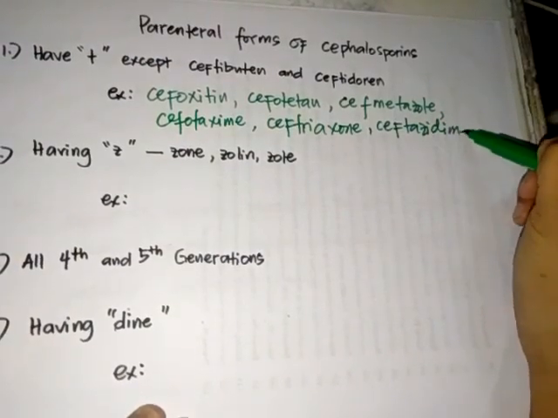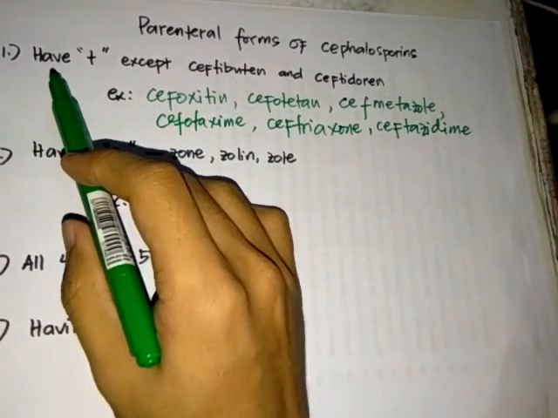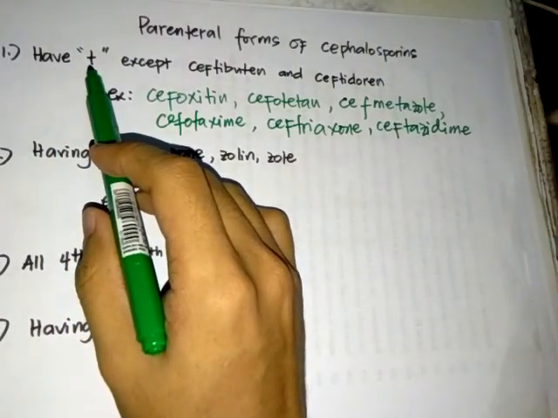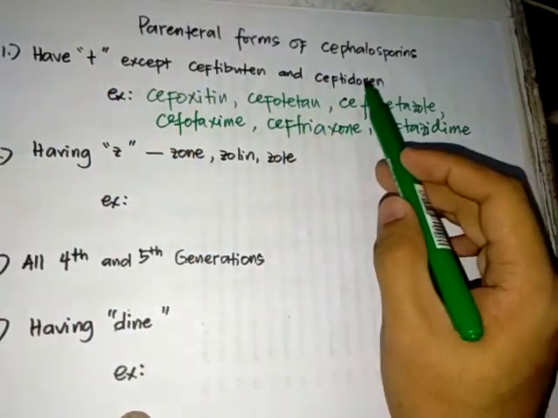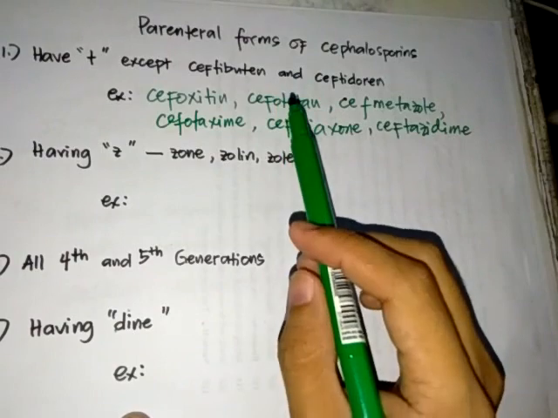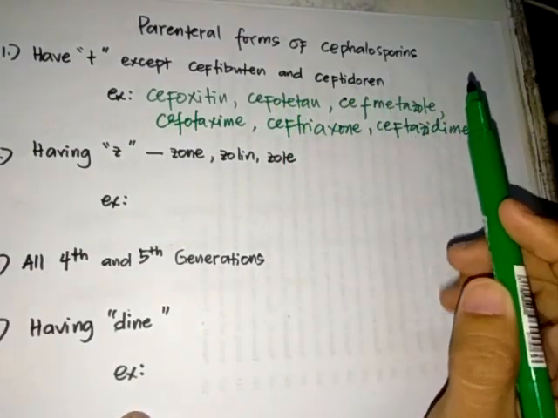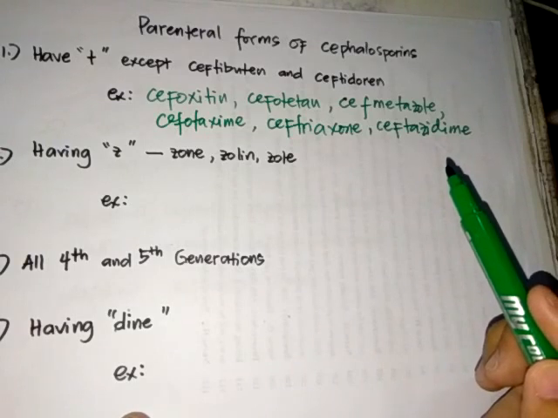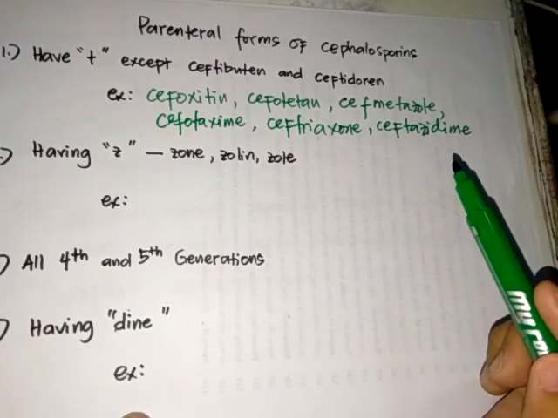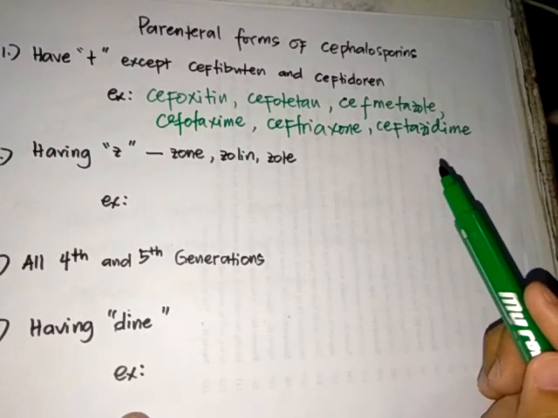They have a letter T in their name except ceftibuten and ceftidoren. That is a parenteral form of cephalosporin that can be given via IV or IM, but most of them can be given via IV.